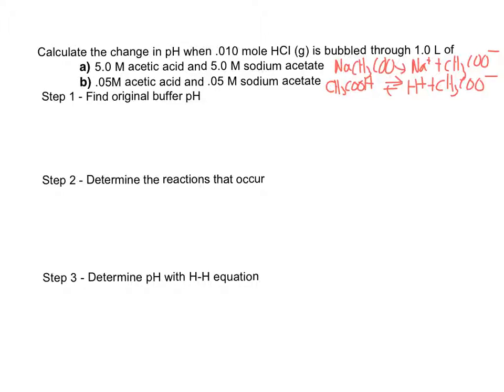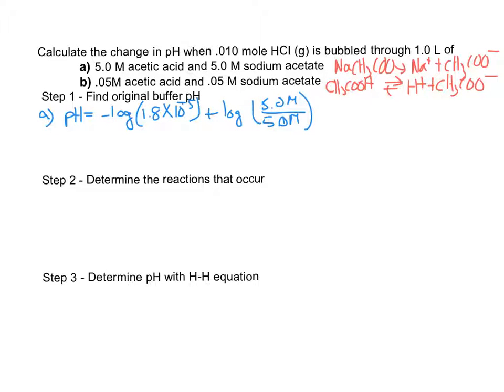So for the first buffer, I'm going to say pH is equal to the pKa. pKa is negative log of the Ka, which probably by now you know what the Ka for acetic acid is, 1.8 times 10 to the negative fifth, plus log of my conjugate base, which is in this case the sodium acetate, it's 5.0 molar, over the concentration of the acid, which is the acetic acid. It is also 5.0 molar.